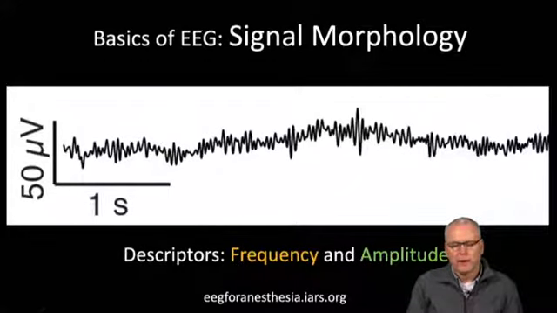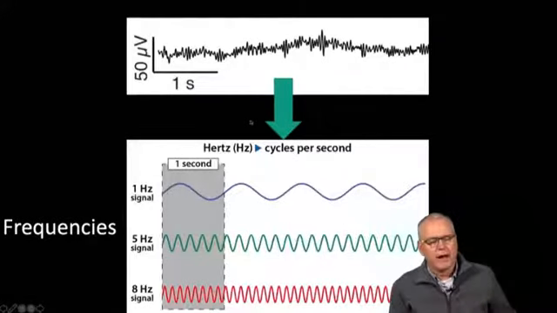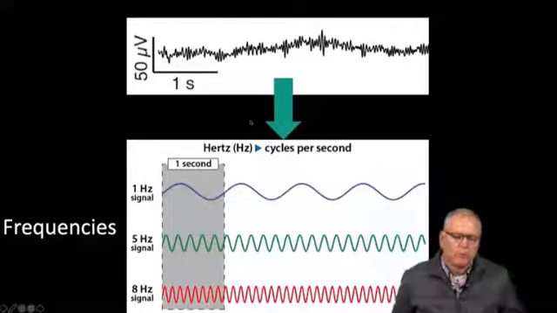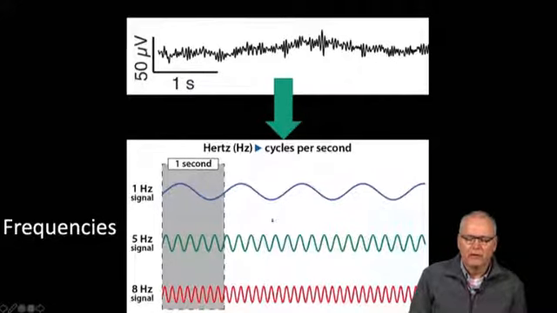We're going to take a deeper dive into that. One of the ways we describe the raw EEG waveform with frequencies is to break it out into component frequencies. If we were to add all these sine waves up, we would get this resulting waveform.